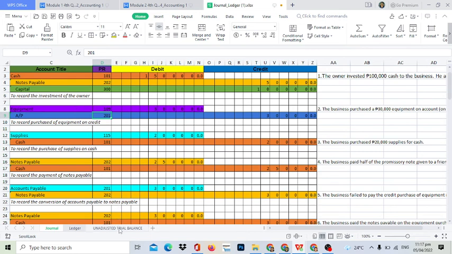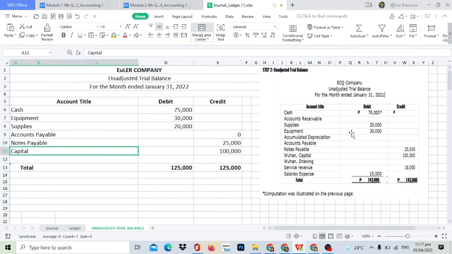Okay? So this is another example of an adjusted trial balance. This is given in your module. Ganun din, unahin po muna natin yung assets, followed by liabilities. Next is the capital.